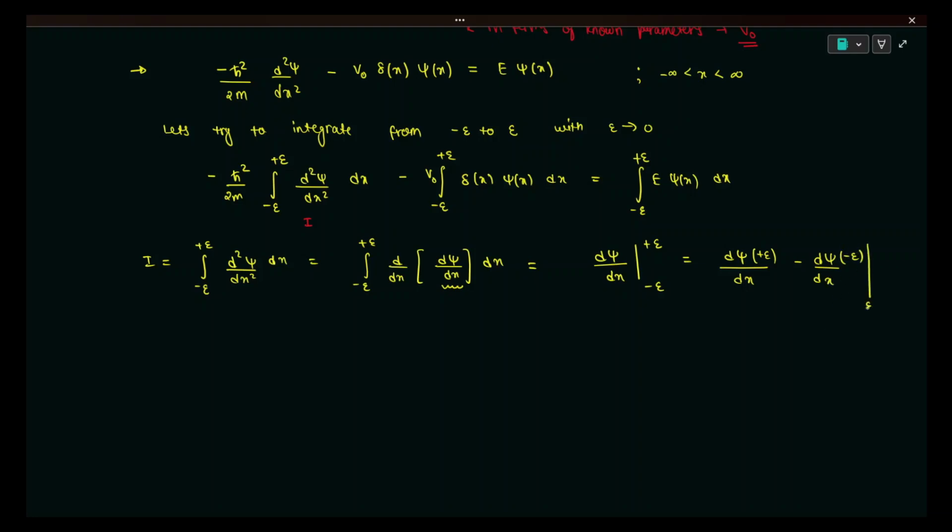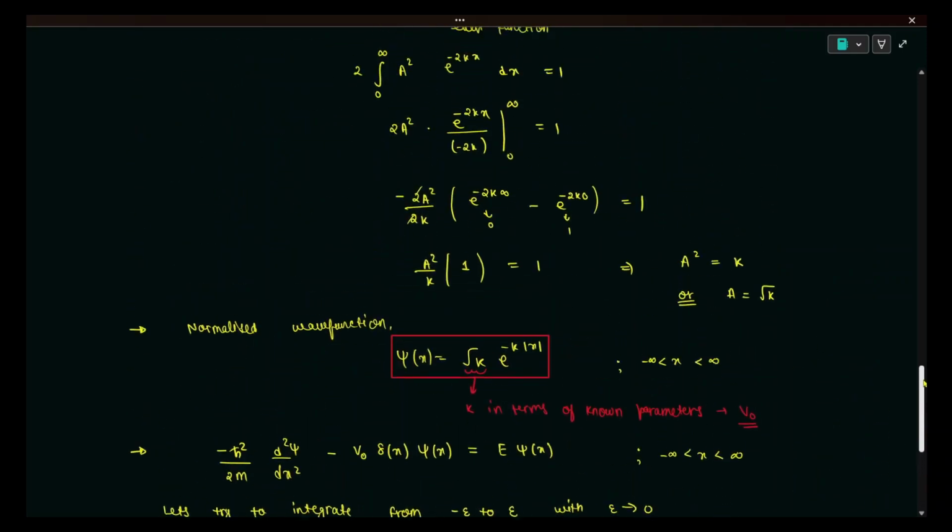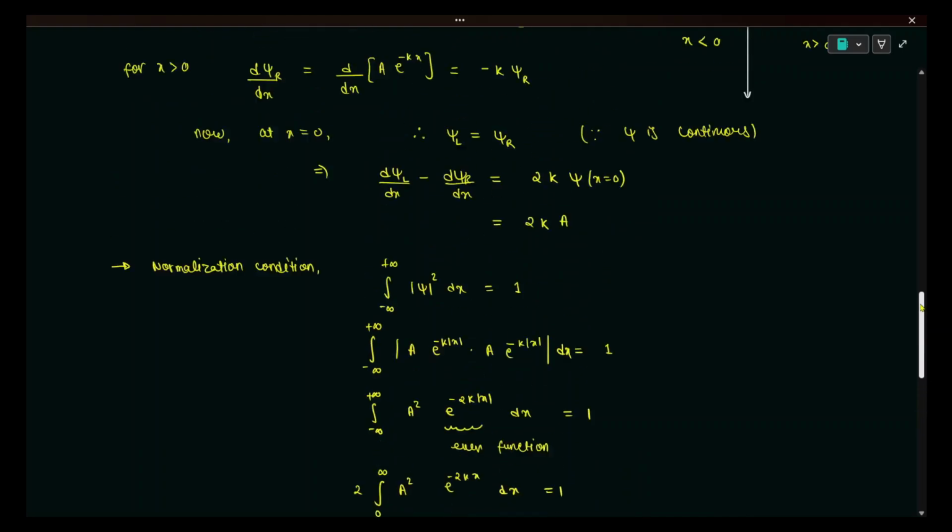Note here that this epsilon is tending to 0, and this is nothing but the jump in the first derivative of the wave function, and we have calculated this in the earlier problem.